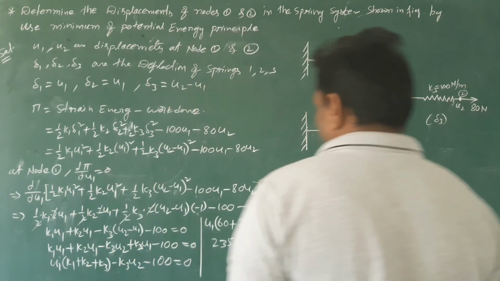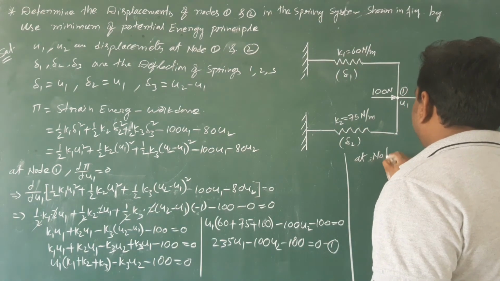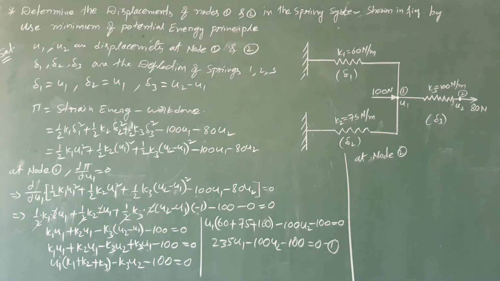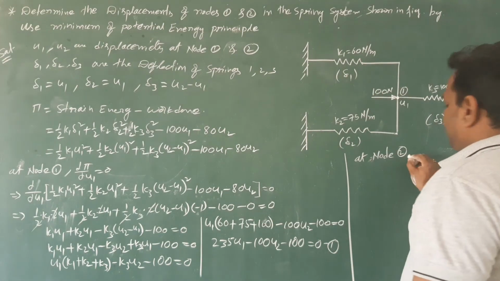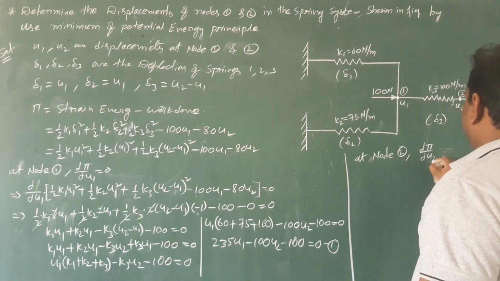Now at node 2, differentiate with respect to node 2: dou pi by dou u2 is equal to 0.